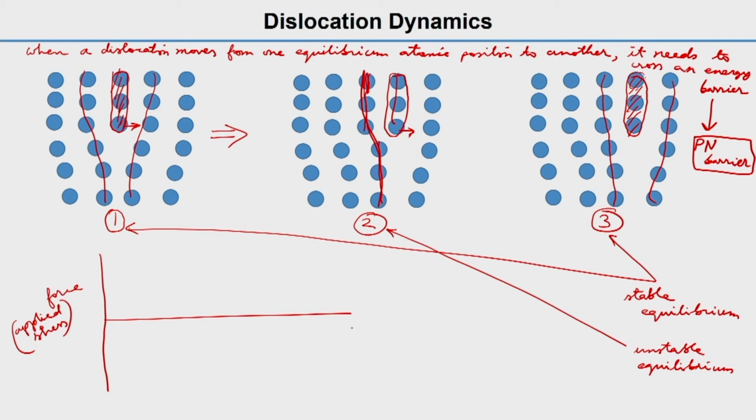So if you plot distance on the x axis, or abscissa, it will look something like this. Position 1 will be here, position 3 will be here, position 2 will be here.